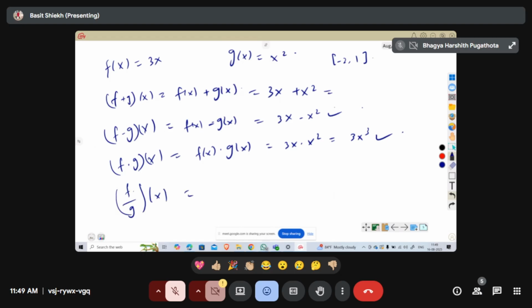Here we will also remove 0 because g of x is 0 at x equal to 0. We will remove that point. So the common domain will be minus 2 comma 1 minus 0 for this function to be defined. Otherwise it is not defined.